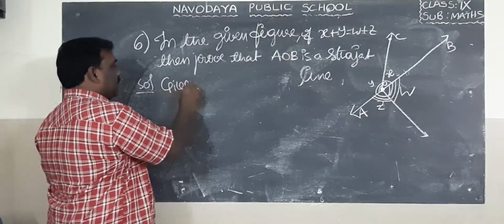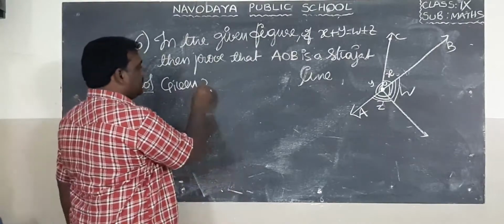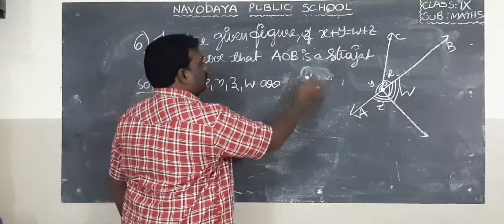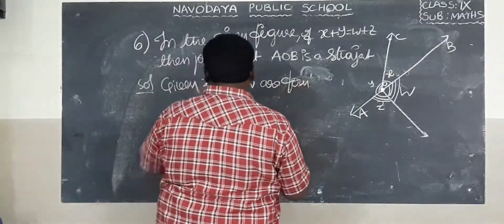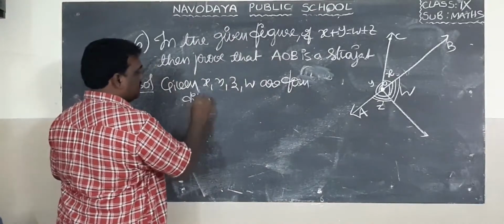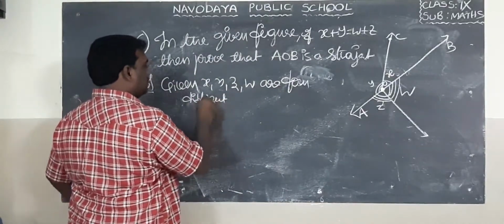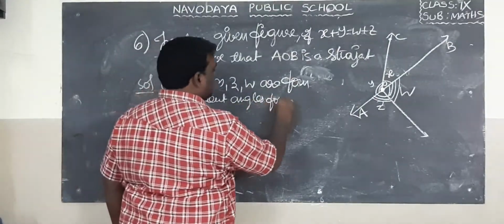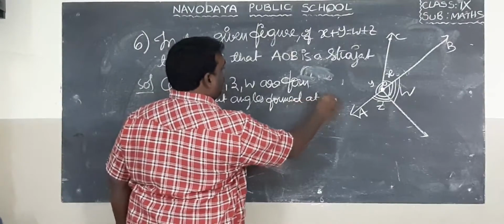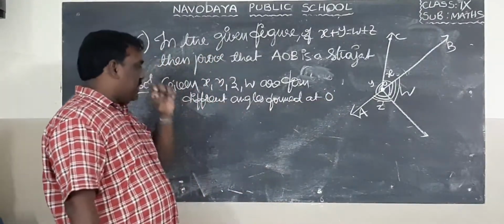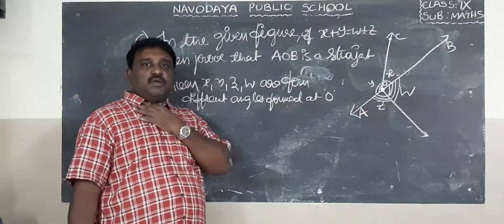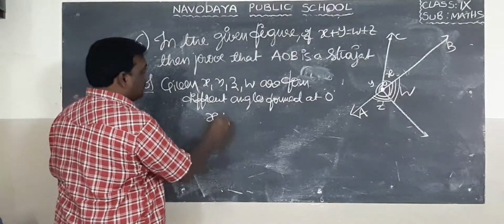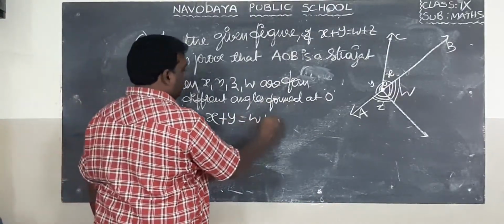Given: x, y, z, w are 4 different angles formed at O, and x plus y equal to w plus z.